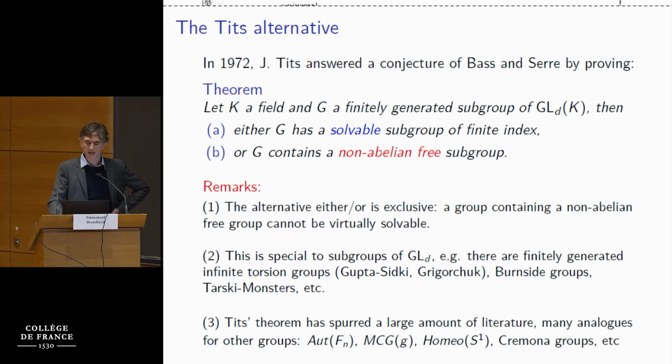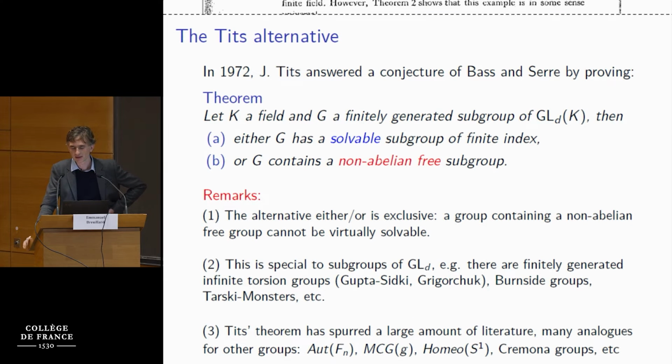The second remark is that it's fairly special to linear groups, to subgroups of matrices, in the sense that it's not true for an arbitrary group. It's well known that there are finitely generated infinite torsion groups. One of the easiest examples is the group by Gupta and Sidki.